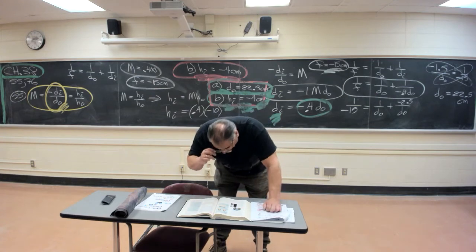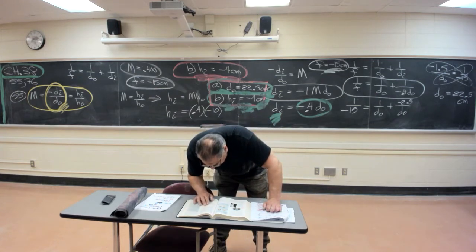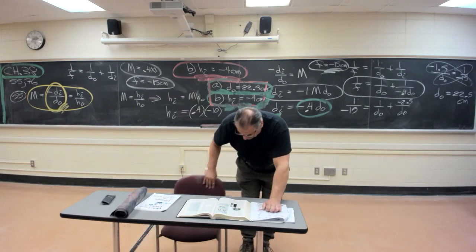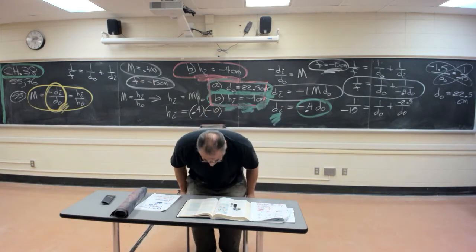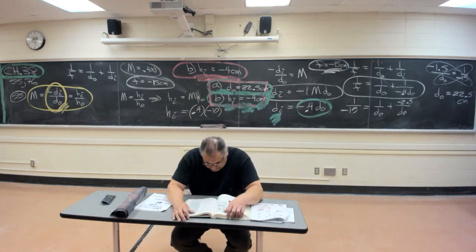Here we go. So what we can say here is, for problem number 76, and I'll be drawing some of this as well, you guys. It shows an object placed a distance dO1 from one of two converging lenses separated by S, which is 1.0 meters.